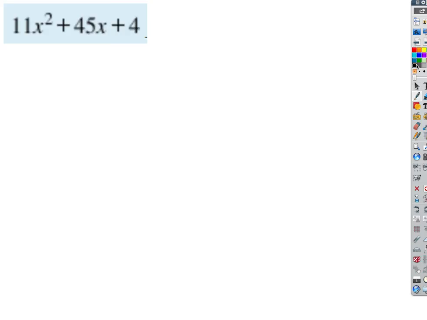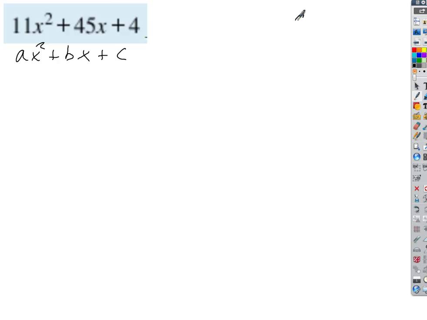So, how do we do bottoms up then? Remember? We got to find magic numbers, but it's a little tougher this time. What do the magic numbers have to multiply to this time? A times C. Yeah, they got to multiply. So this is in the form where A is the number being multiplied by x squared, B is the number multiplied by x, and C is the constant, right?